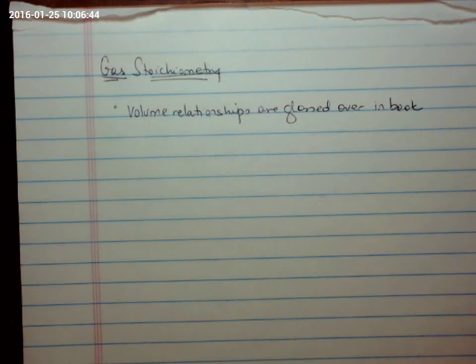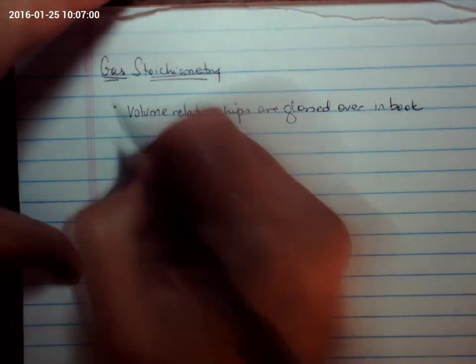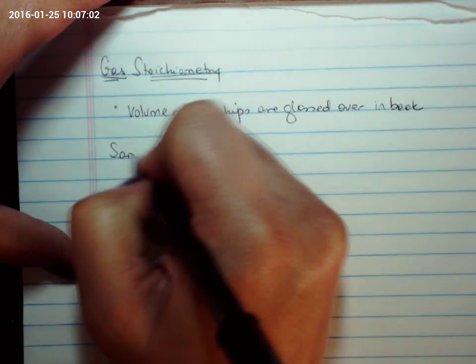It's glossed over in the book. So volume relationships are glossed over in the book. And they're going to ask you things like this. So here's a sample problem.